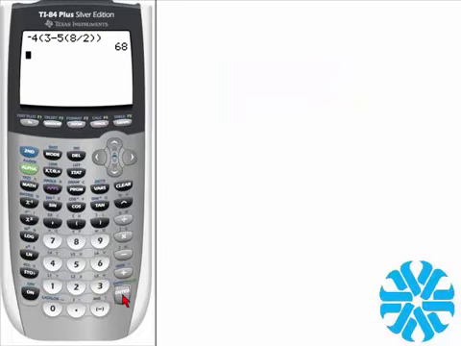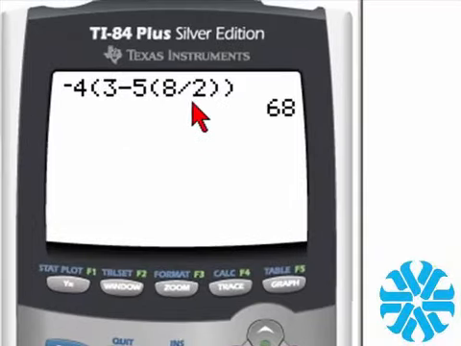Now again, the way the calculator evaluates this expression, it will use the order of operations. The first thing it's going to do is the innermost parenthesis, which is 8 divided by 2. It's going to take that answer, which happens to be 4, and then multiply it by 5. So that's going to be 20. Then it's going to take 3 subtract 20, which is going to be -17.